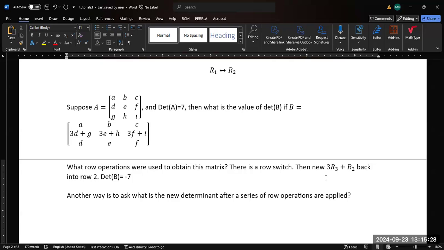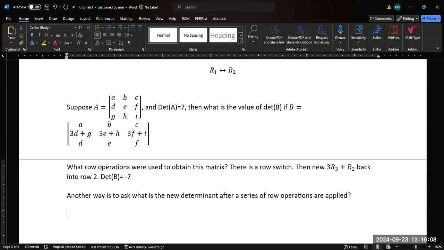What are the changes that are made with each of the operations, and then multiply those all together by the value of the original determinant to get back to the new value of the determinant after those changes have been made. So those are some ways that those questions can be asked. Now, when we go on to just looking at the whole properties of the determinant, we can also incorporate these row operations, particularly the scaling, into our analysis.